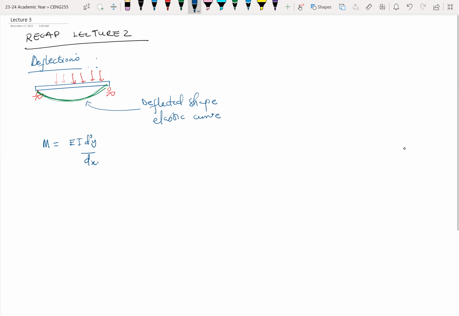Okay, so this is the equation for the moment, which can be rewritten in different forms, right? Whereby d squared y over dx squared is simply M over EI. And then we also went through how to take this information and use that to find slopes and then find displacement.